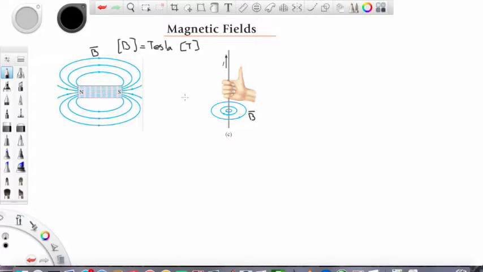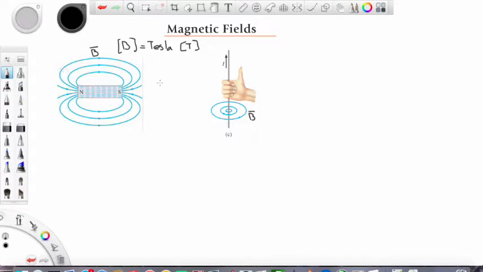In fact, it's still unknown what exactly is going on inside a permanent magnet when it produces a field like this, but it is believed that it has to do with electric currents inside this material, or movement of electric charge in general.